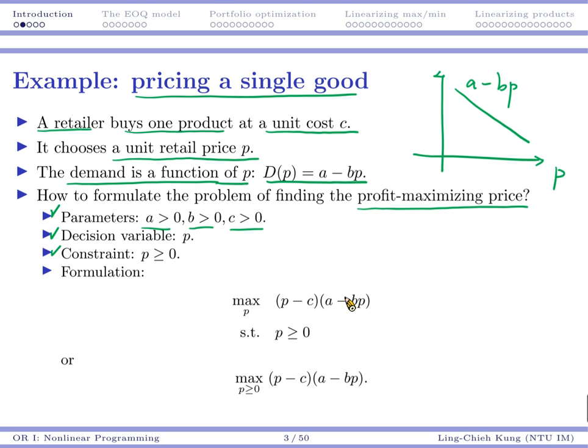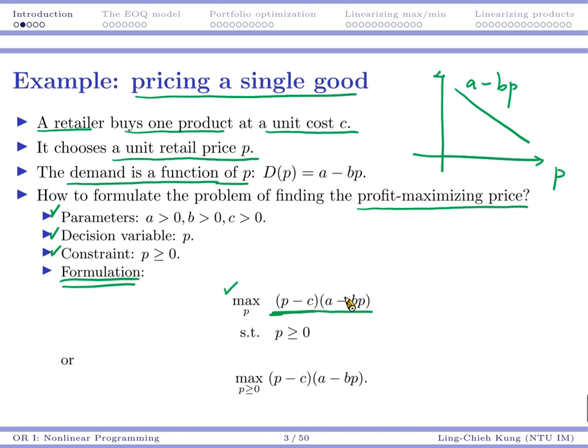The only constraint I have in this particular case is probably that, okay, my price cannot be negative. All right? I want to choose $5, $10, $12 as my unit price. I guess I cannot set a negative price. That does not make sense. And then finally, we may reach our formulation. So we want to maximize this particular function.